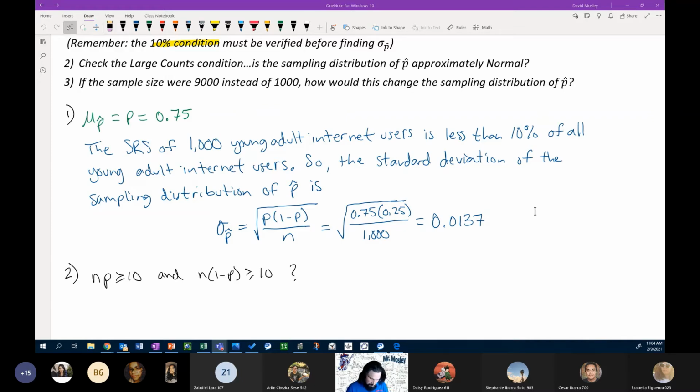Well, np is 1,000 times 0.75, which equals 750, which is greater than 10. So that's good. And 1,000 times 0.25 is equal to 250, which is also greater than 10. So our large counts condition has been satisfied.